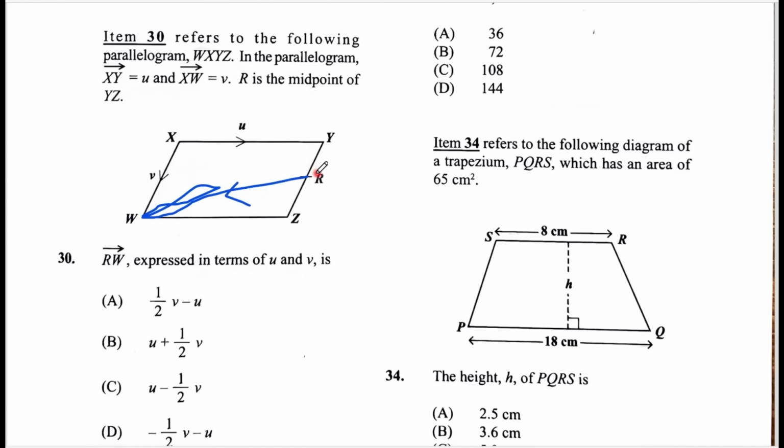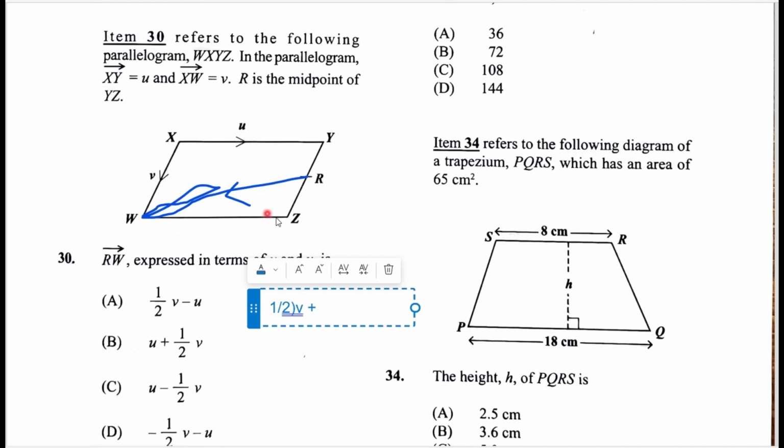RW could come like RZ add ZW. RZ is half of YZ, that's half of V. So it comes like half V, add ZW, which would be what?